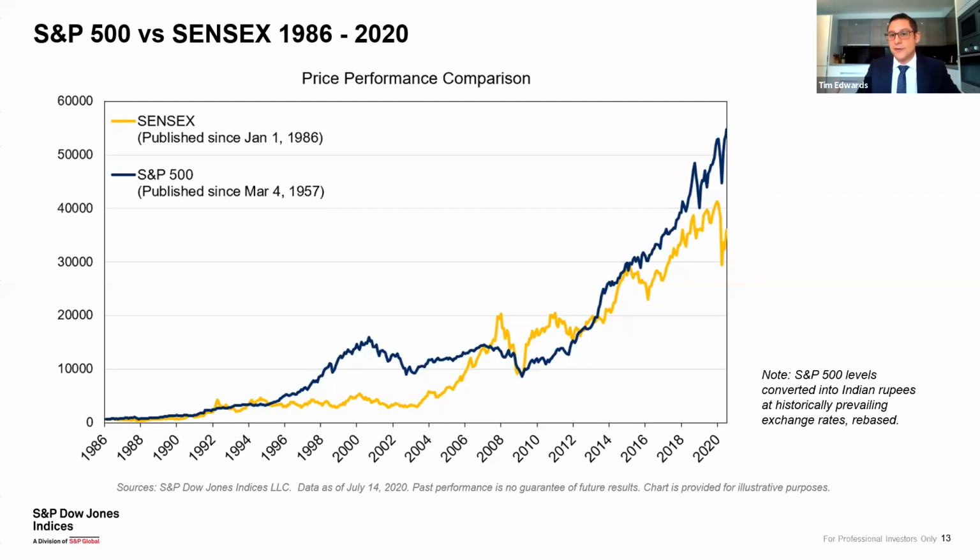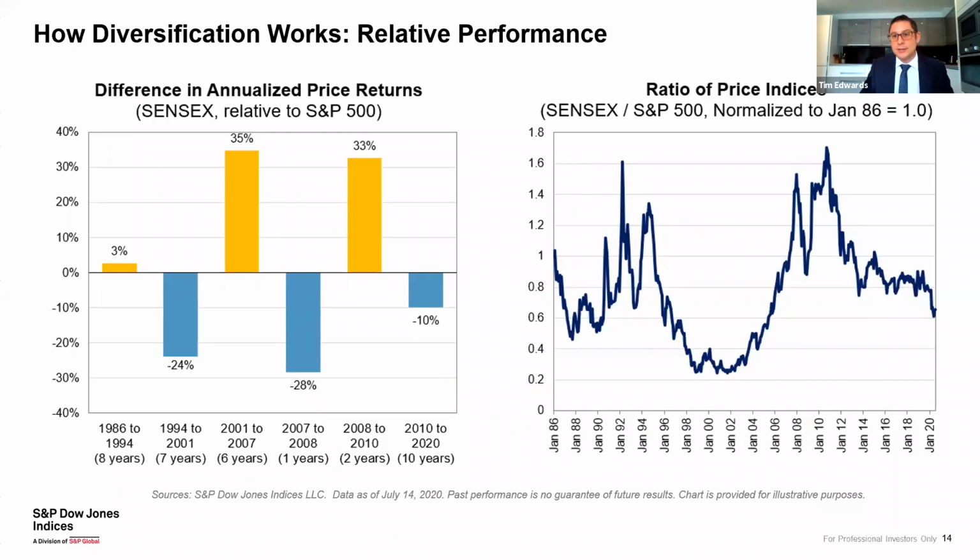here's the Sensex versus the S&P 500. And you can see that post 2002 there was great performance. But what I really want to focus on is the idea that when one is outperforming, the other might be underperforming and vice versa. Breaking that history down, on the right-hand side you can see a ratio of those two indices normalized to 1.